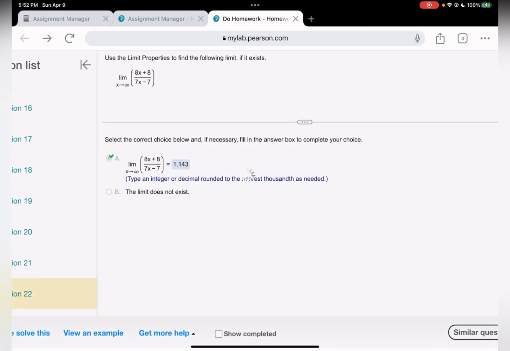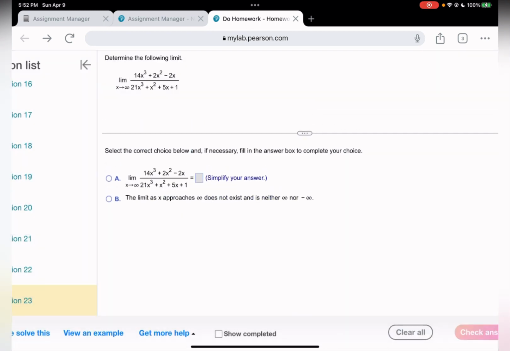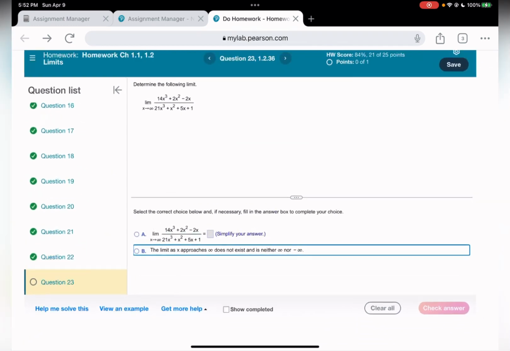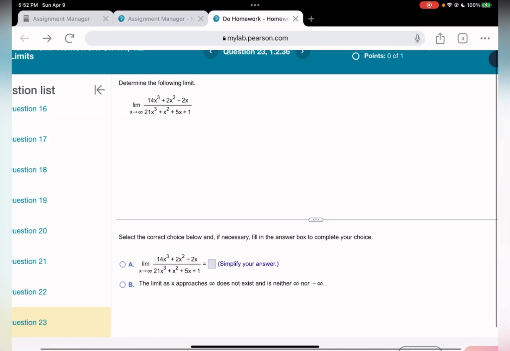Okay, fantastic. Okay, what do we have here? We have on the top the highest degree x cubed. Keep in mind, if you have a trinomial, you have degree 3, degree 2, degree 1.